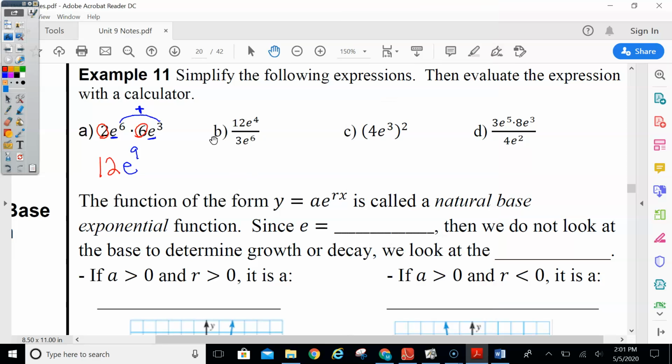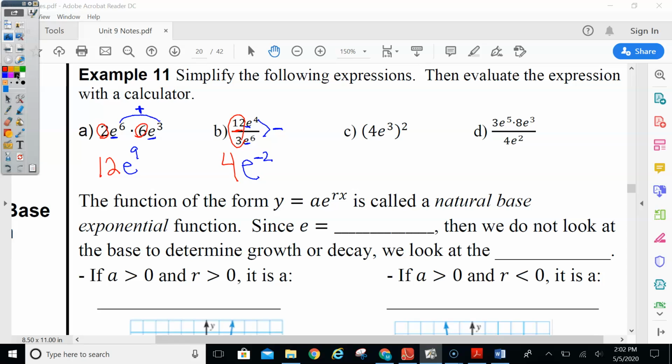Okay, so looking at the second one, here the bases of the exponential are e's again. So e. When we divide, we subtract exponents. So here we're going to get e to the 4 minus 6 is -2. But coefficients, we do what it says. It says divide, so we divide. 12 divided by 3 is 4.